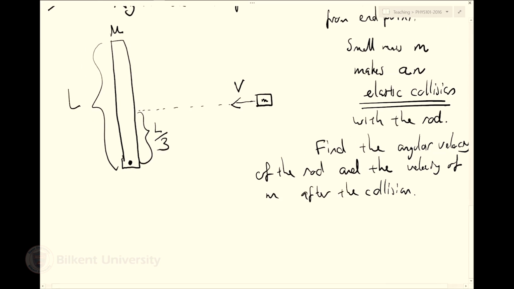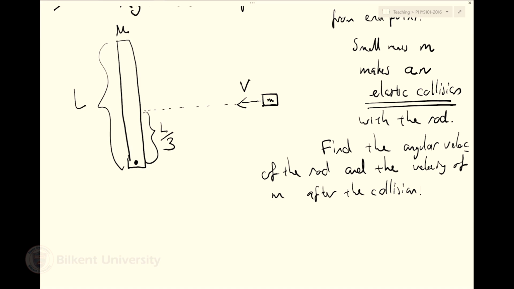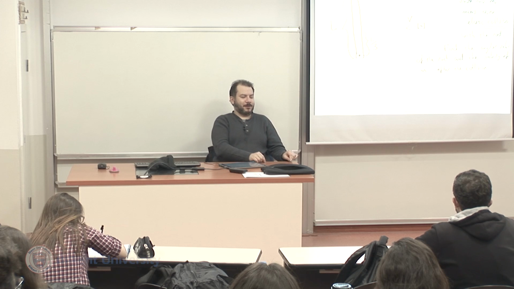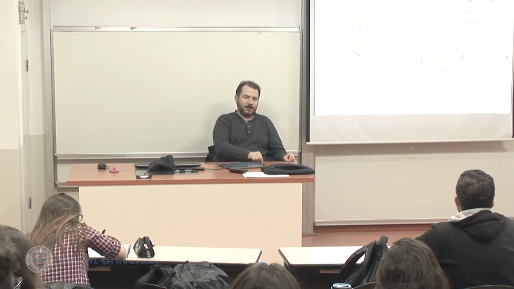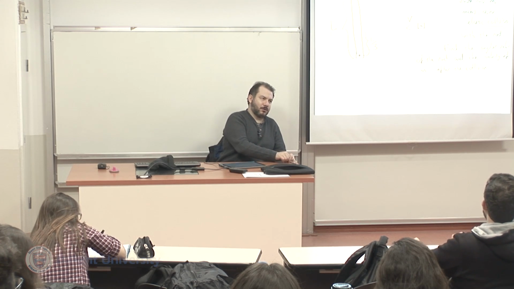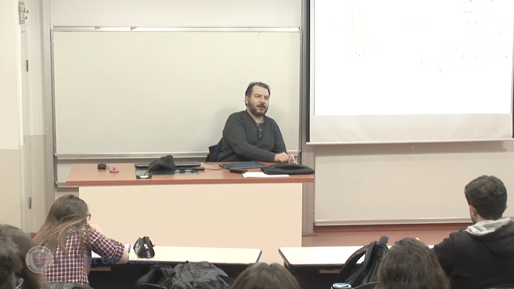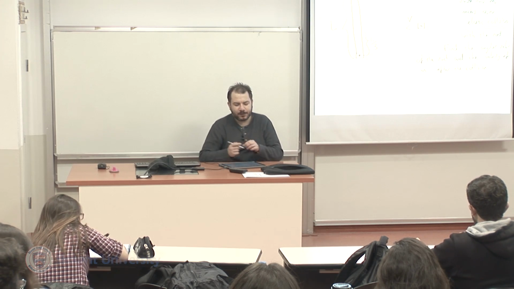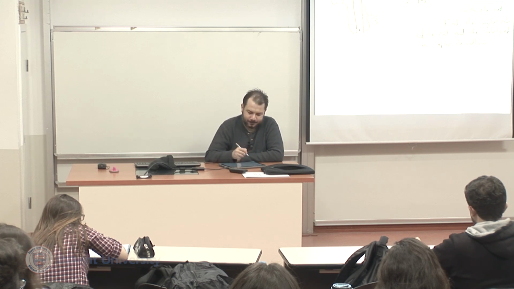So, does everyone understand the question? It's pretty much the same setting. I have on a table a rod and a small particle. The small particle will come and hit the rod. But now we're told that this is an elastic collision. So after the collision, what do I expect?